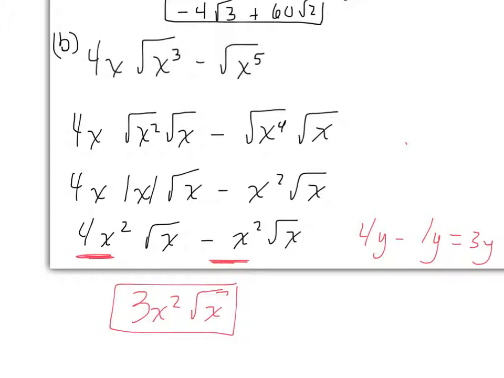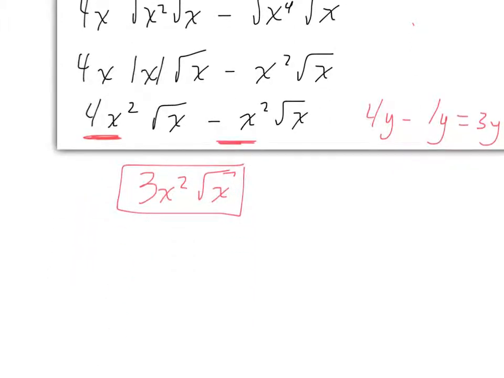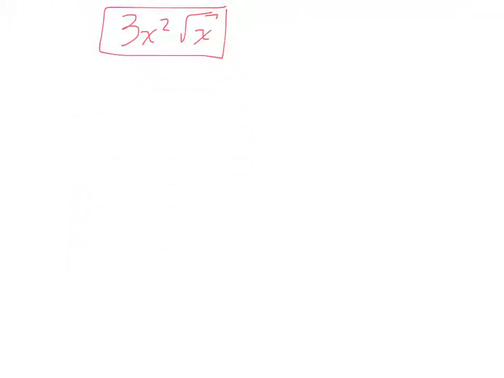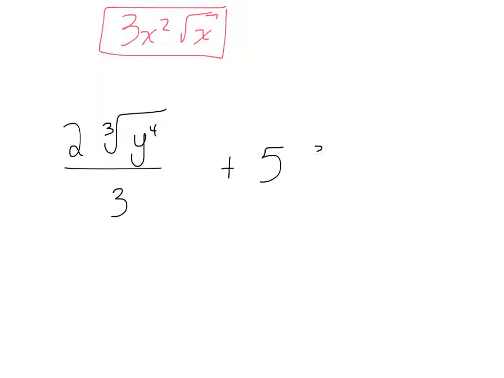And finally, the last one. We're looking at a cube root here for this last one. It's a little bit longer of a process to do this now. So we've got for this last part 2 times the cube root of y to the 4th all over 3 plus 5 times the cube root of 2y to the 4th over 54.